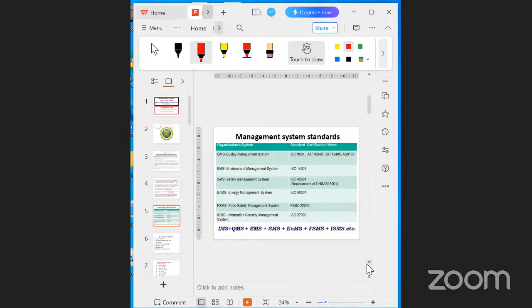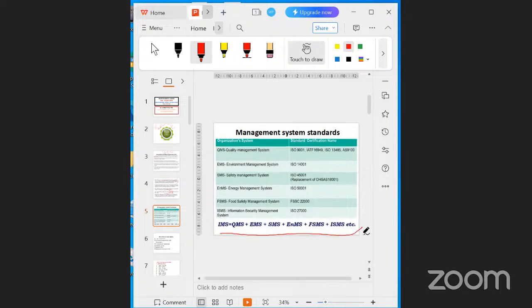Now, an integrated management system, called IMS, integrates all of an organization's systems and processes into one complete framework, enabling the organization to work as a single unit with unified objectives.